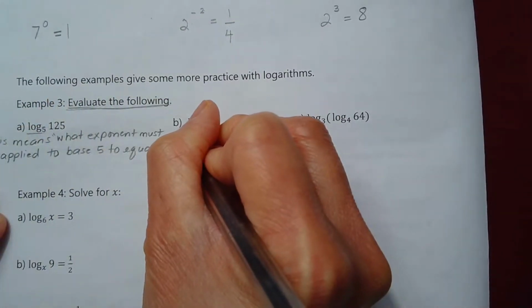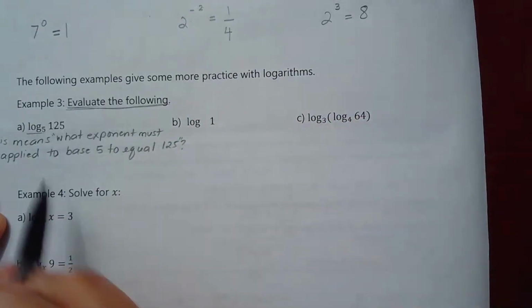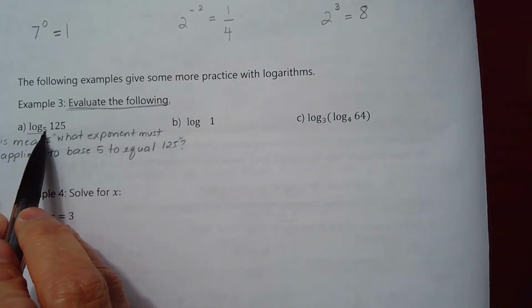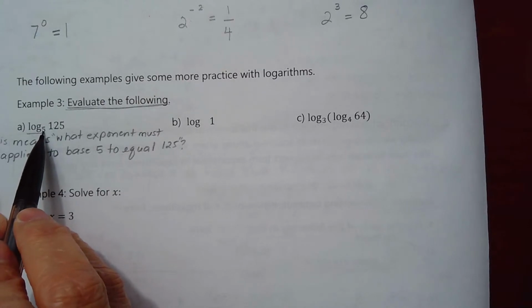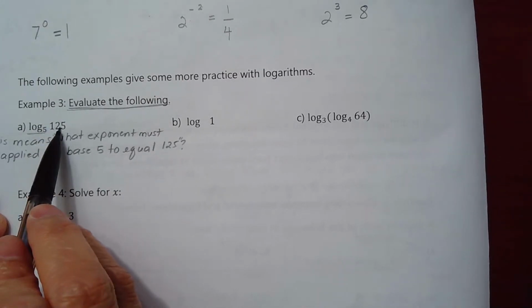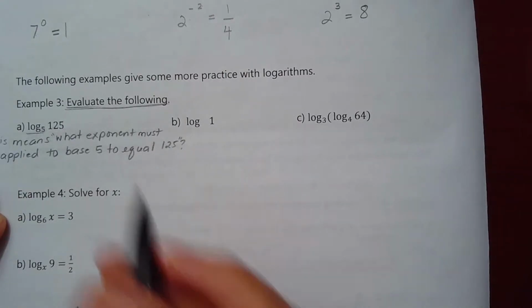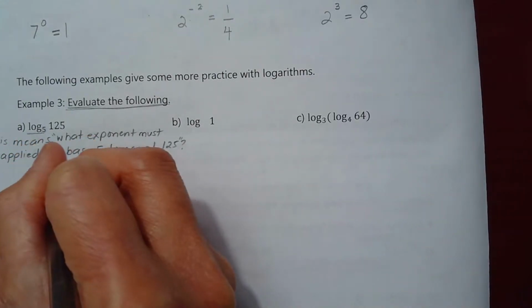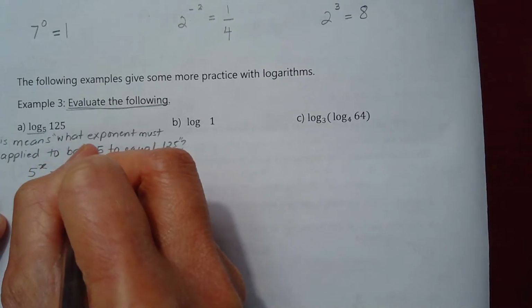Okay, so that's basically what you're asking for. Log of 125 base 5 is what exponent do I need for 5 to get a 125? So how can we write that? So 5 to what exponent will give me 125?